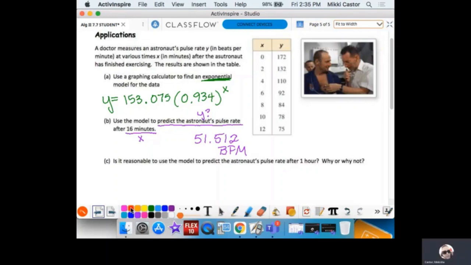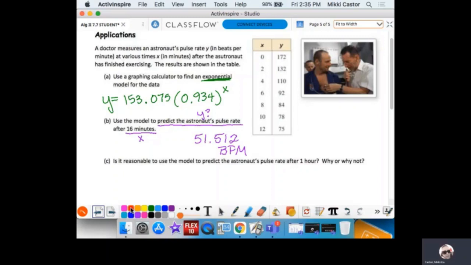So how'd you find that his heart rate would be 2.5 beats per minute? I just went all the way down to 60 on the table. So you went to the table and then just scrolled down to 60? Okay. So 60 would obviously be 60 minutes, 1 hour. If you put a 60 right here, you're going to get out a y value of 2.5. That's 2.5 beats per minute.